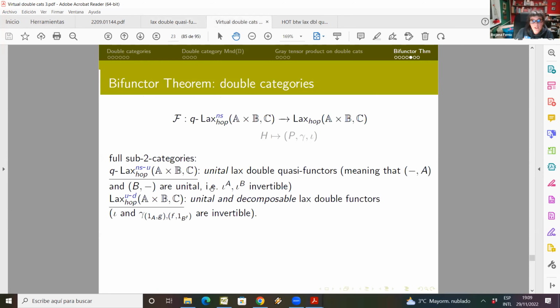So we require both uniters to be invertible. And on the right-hand side, you also take unital, but also this D stands for the compositor of this type being invertible. This is really technical, but when you do the proof, you see that you really need this. And then you really get an equivalence in these restricted sub-two categories.